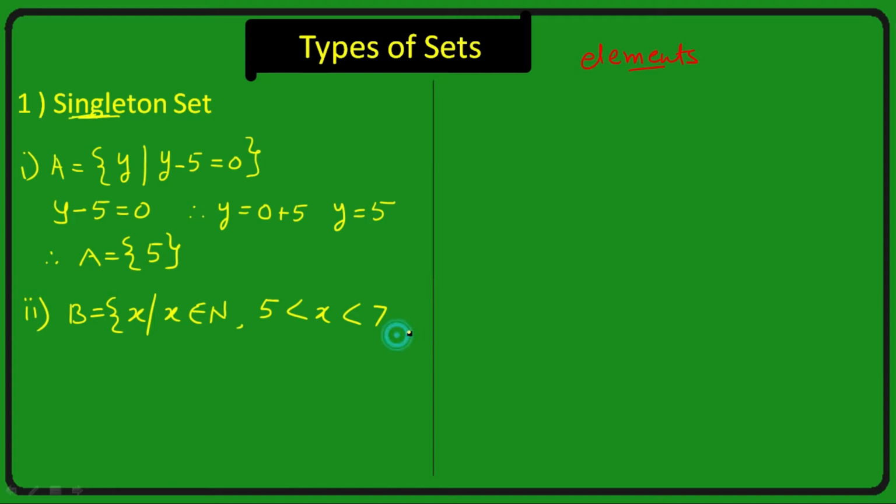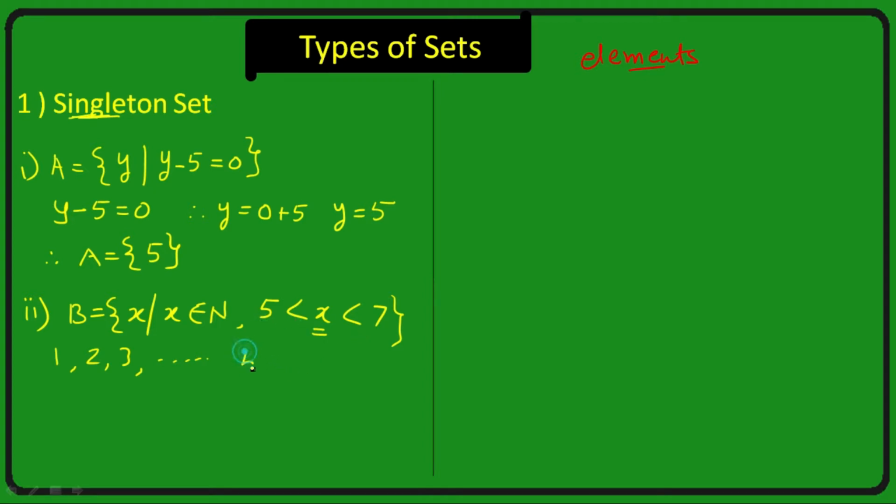In order to find the elements of the set B, the value of x is a natural number, meaning 1, 2, 3, 4 etc. We want the natural number which is greater than 5 but smaller than 7.